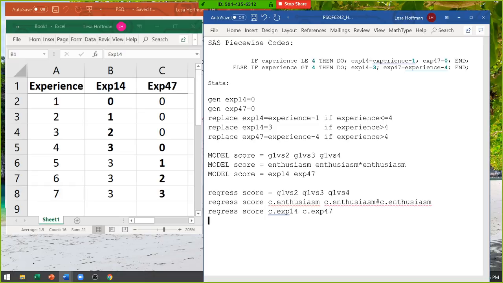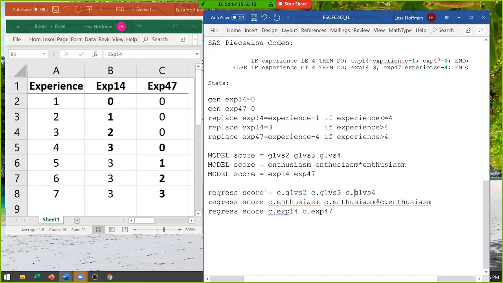Does that answer your question? Yes, okay, good. With the C, yes. The one where the C's are strictly necessary is the second one, but you can throw them on everything if you don't want to have to remember which is which, and it won't hurt anything. I tend to do that when I code in Stata.